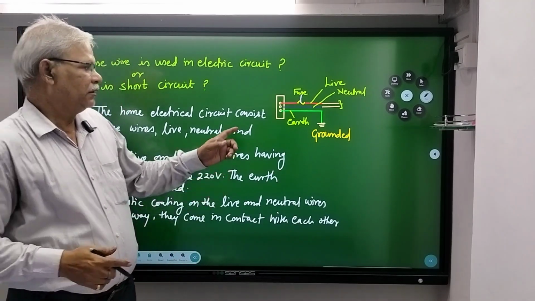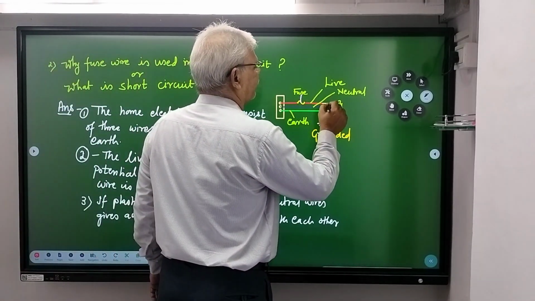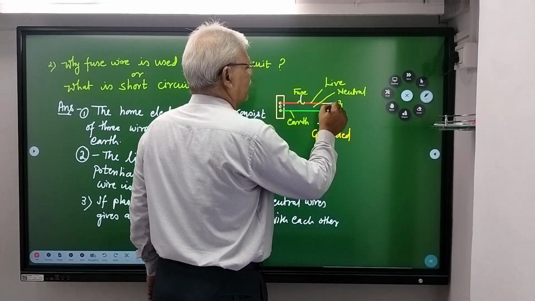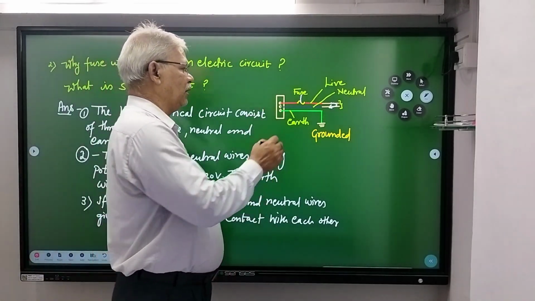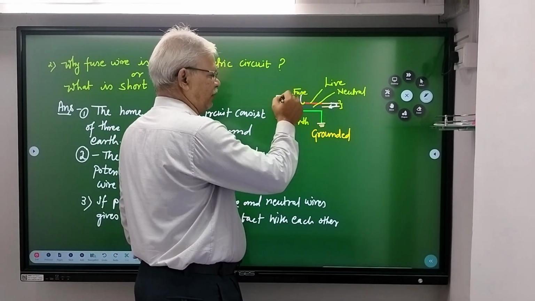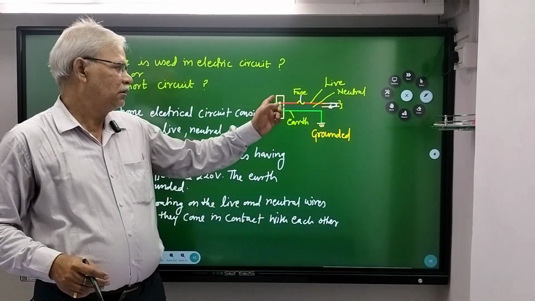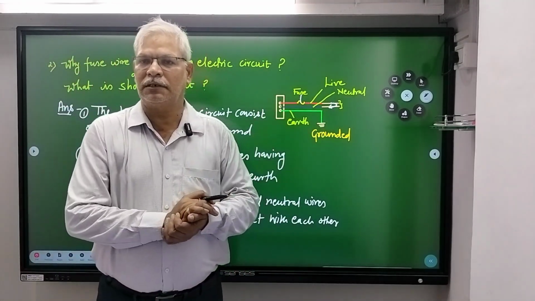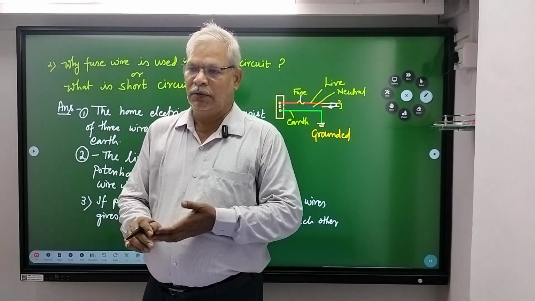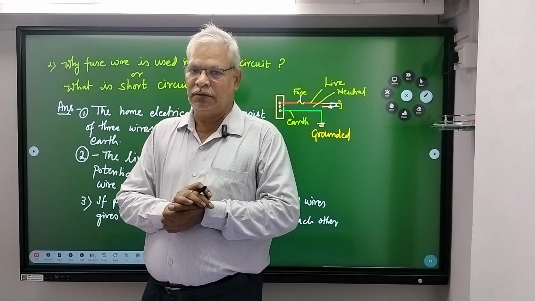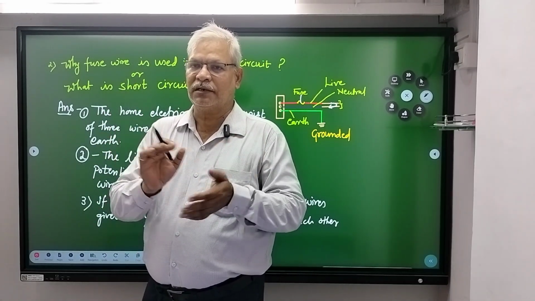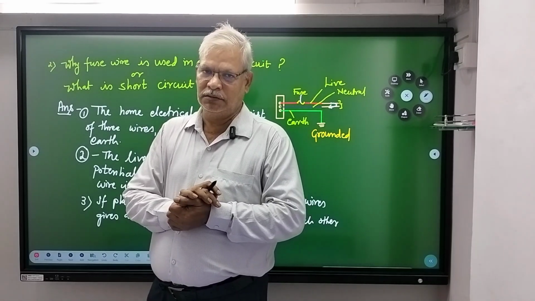Now if a large current starts flowing from here to here, then what happens? This fuse wire will melt and break the circuit. Therefore, the instrument can be protected from any mistake. Okay.